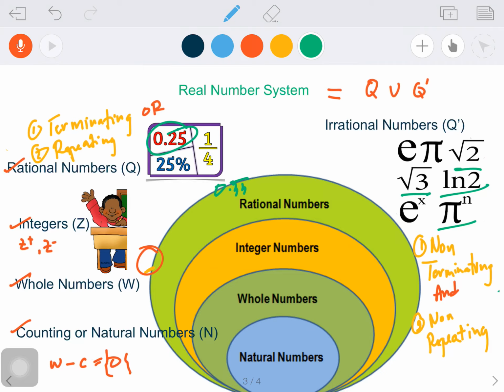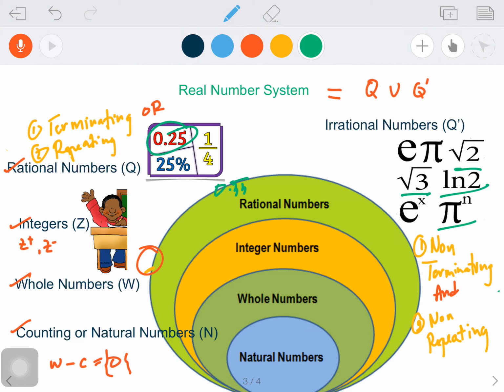So I hope that through this very short video, you can already recall the different sets of numbers that you've been studying since as early as grade 3, grade 4, grade 5, and grade 6. All of these sets we need to master by now, so that when we go to higher mathematics, especially as we're knocking on the doors of algebra, we are already very much equipped with the knowledge and skills on numbers.